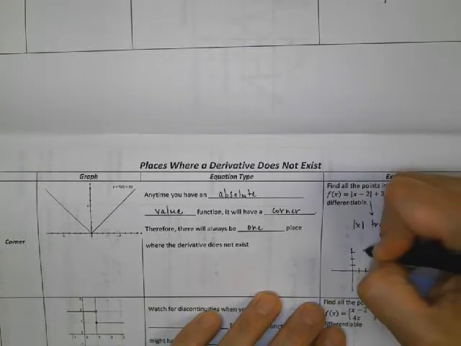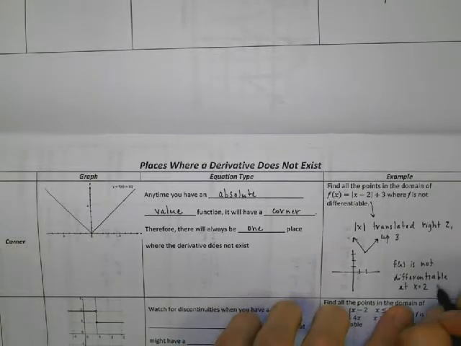So if I just quickly sketch that out, I know I went right 2 and up 3. Then I know I have this graph here.